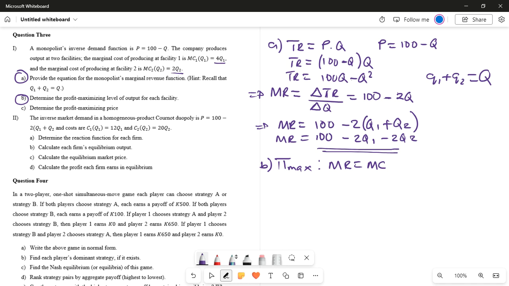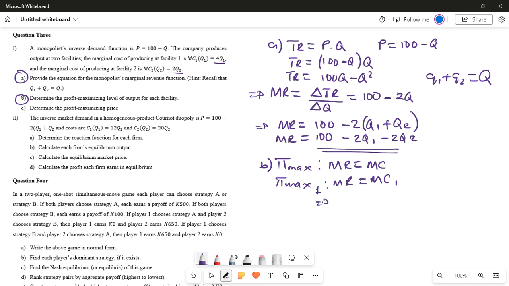So the profit maximizing output for firm number 1 is going to be determined at a point where marginal revenue is equal to marginal cost for facility number 1, right?